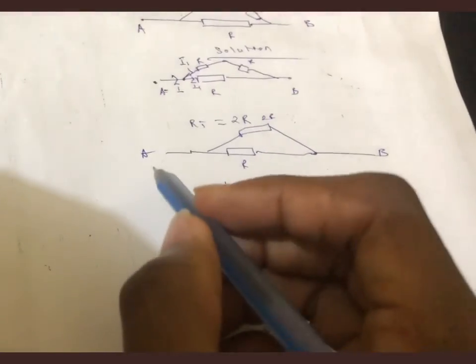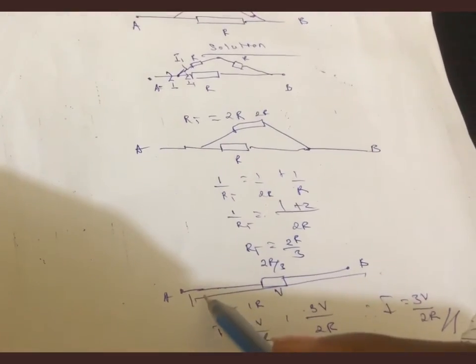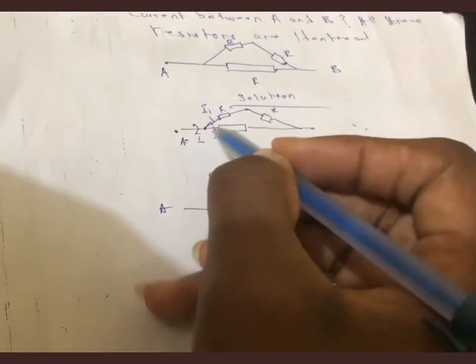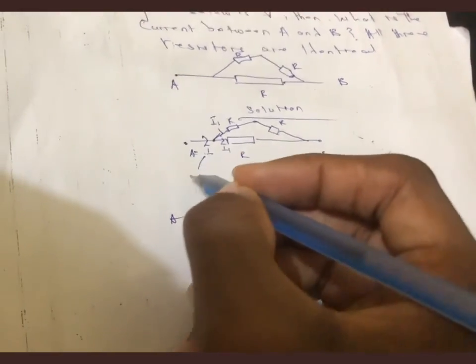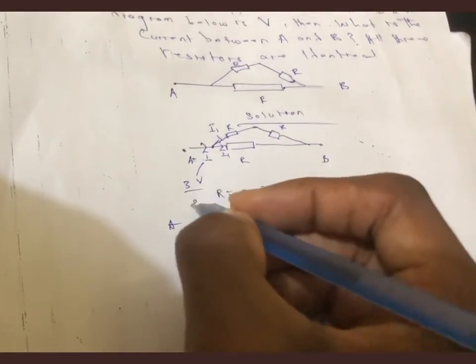So the current that flows into this junction, I, is 3V over 2R. That is the answer.